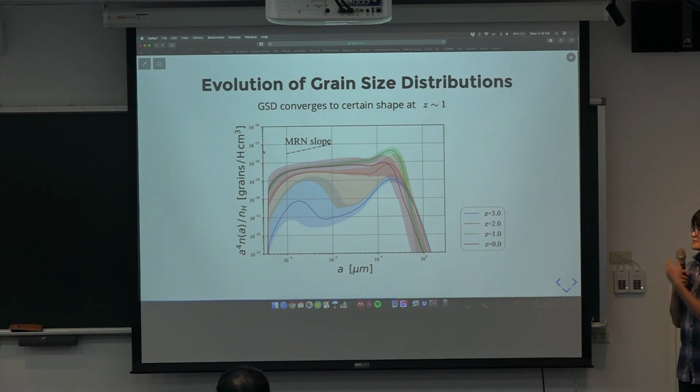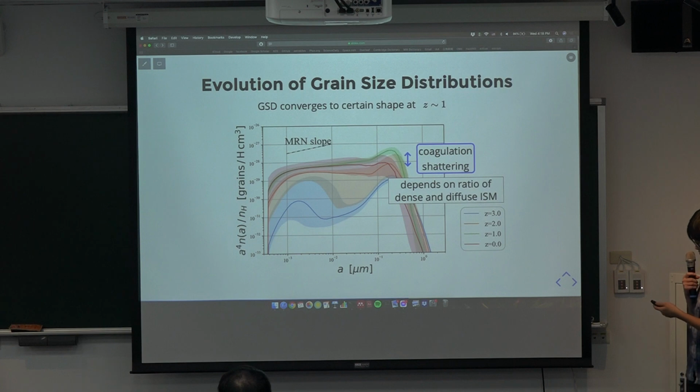After this special time, the diversity of the metallicity in galaxies and also the gas content drift the grain size distribution away from the equilibrium. And so at this point, the most significant difference between redshift 1 and 0 is that this bump is decreasing from redshift 1 to 0.